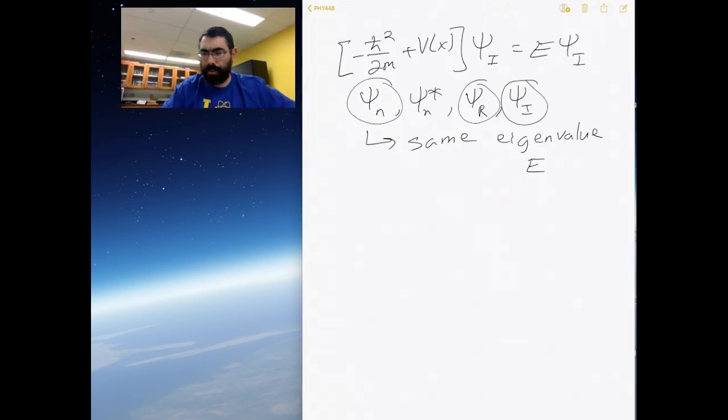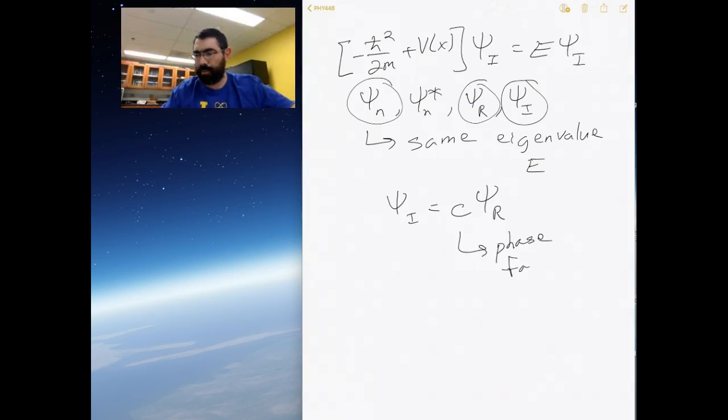So that means that I could write psi sub I as just a constant, a phase factor, times the real. Since both of them give the solution of the energy E for the eigenvalue, they should just be the same wave function, except that now I have a phase which differentiates the two different wave functions, psi sub r and psi sub I.